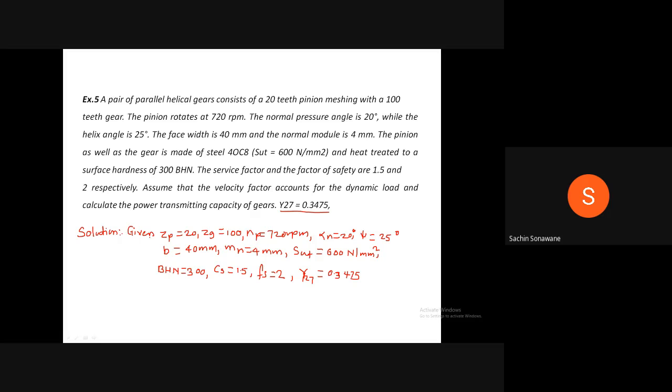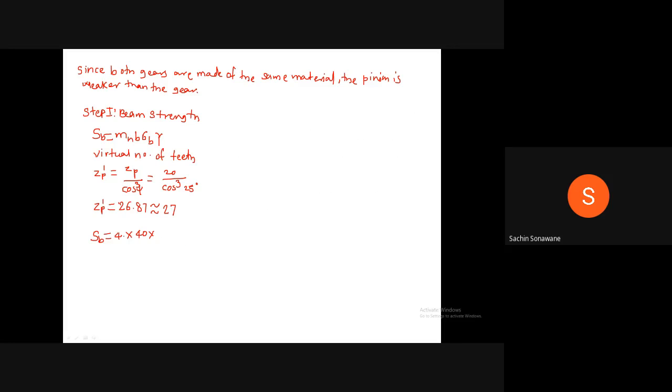Therefore, we will calculate beam strength SB. Beam strength SB is equal to, substitute the values. Mn means 4, face width they are given 40 mm into sigma B. What is sigma B? SUT divided by 3.